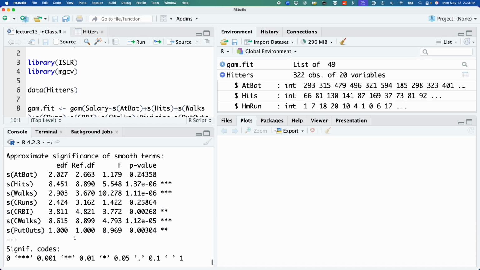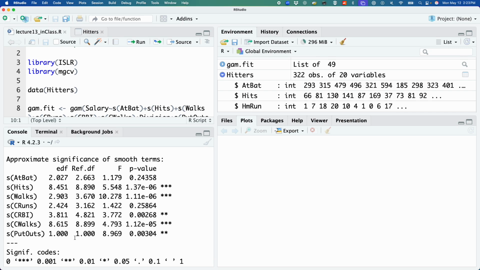But then we have a bunch of these smoothing spline terms over here. And okay, don't worry about all this stuff for a second. The p-values do tell us something about the statistical significance, which is to say whether or not there is a non-zero effect relating the variable to the outcome.